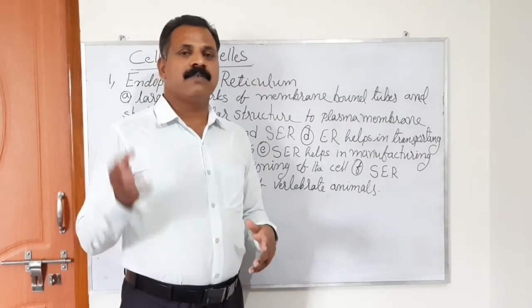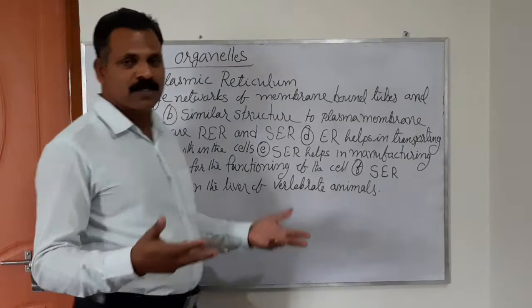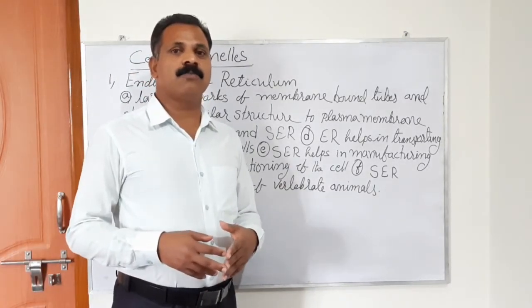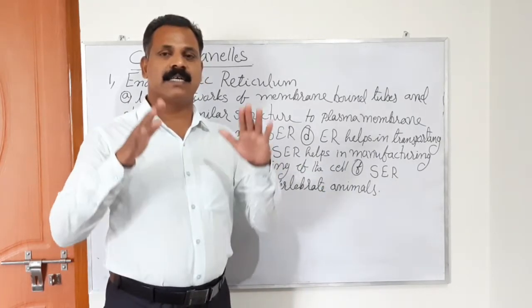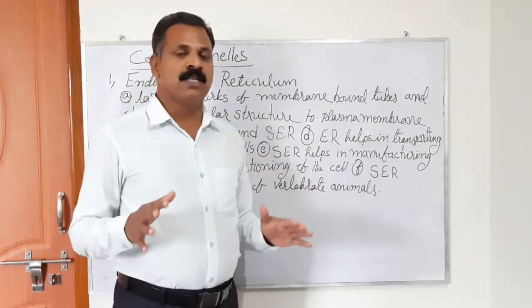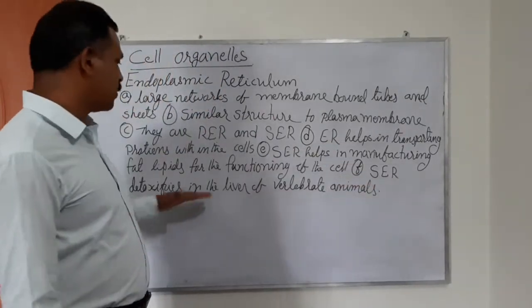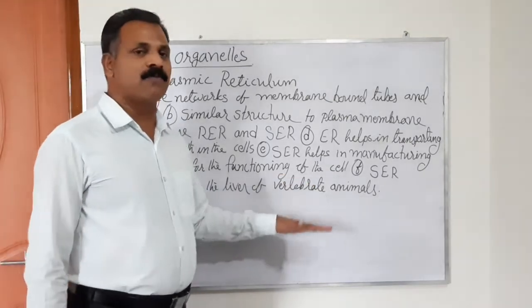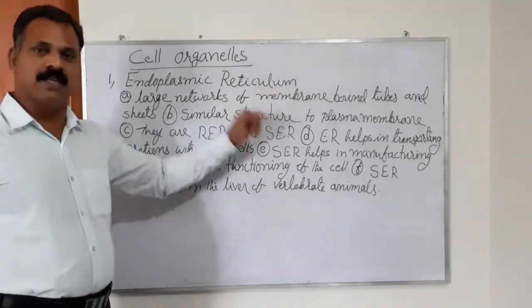If liver cells have any toxin like substances, any poisonous substances, any extra drug substances, these will be minimized, that is detoxified, and the poisonous effect will be reduced. This is also performed by SER in vertebrate organisms in the liver. So these are the main functions performed by endoplasmic reticulum in the cell.